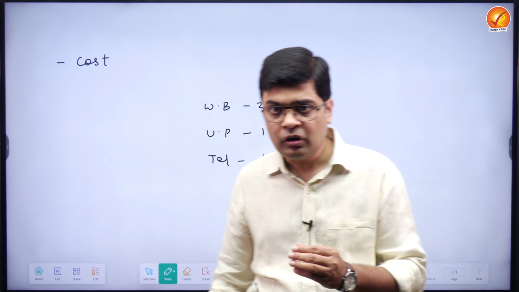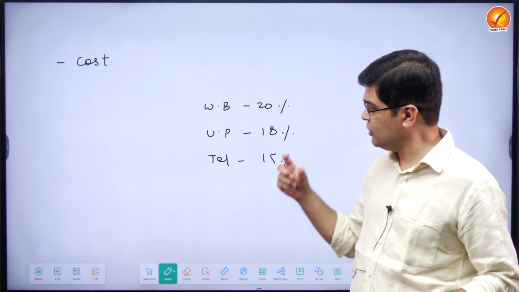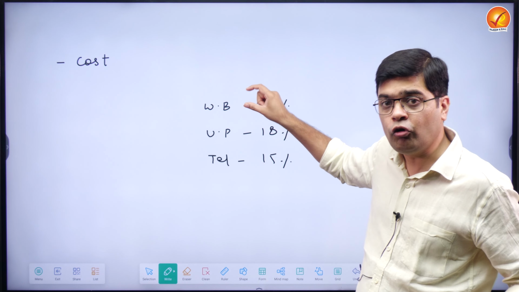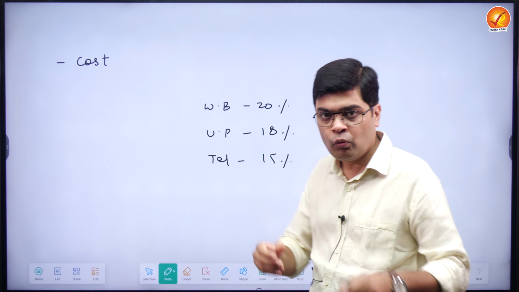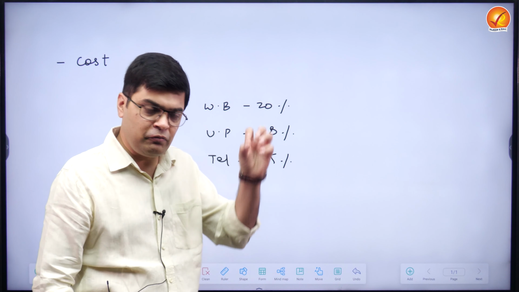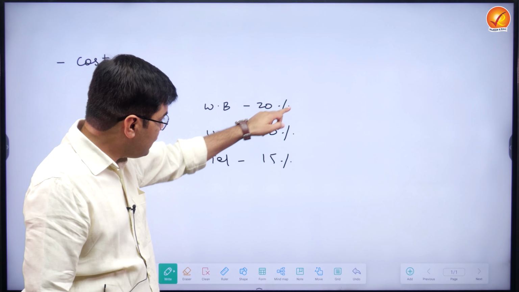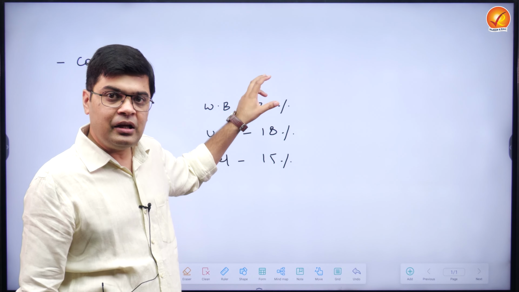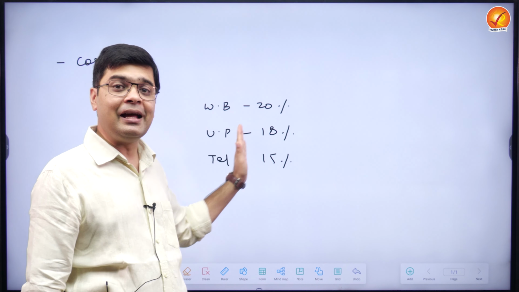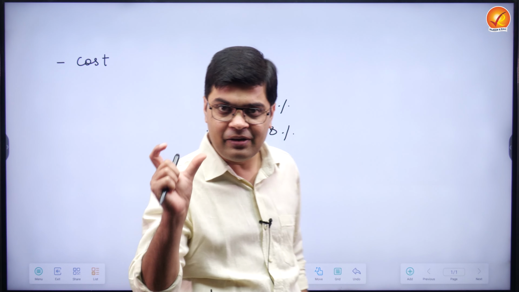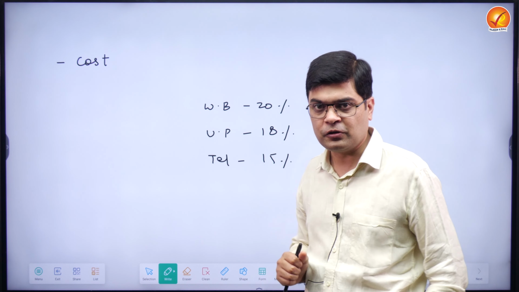So when the cost of cultivation will be calculated, then the weights will be assigned to the cost in each of these states. What is the average cost of cultivation in West Bengal, UP, Telangana, Punjab, and so on. And then based on the total production, their contribution to the central pool, a weighted average will be calculated. So it's not just a simple average, but all India weighted average is taken into consideration.